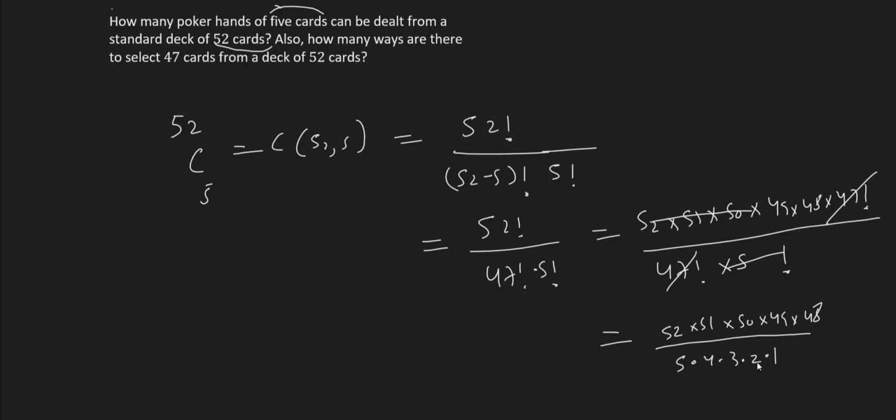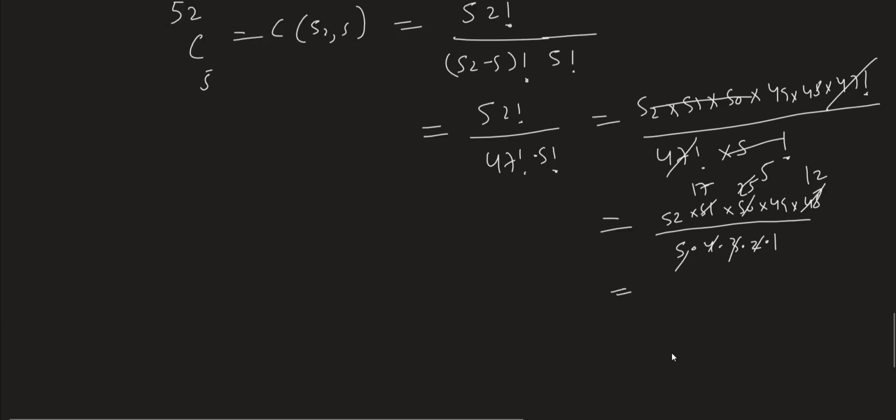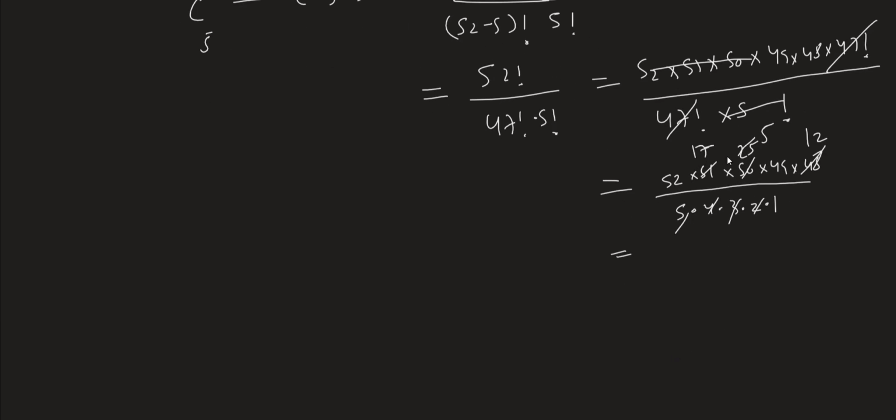So after simplification, we are multiplying 52 times 17 times 5 times 49 times 12.